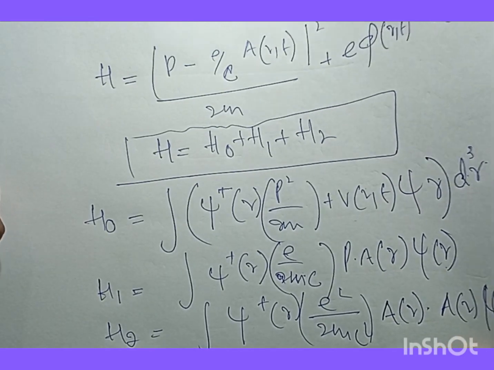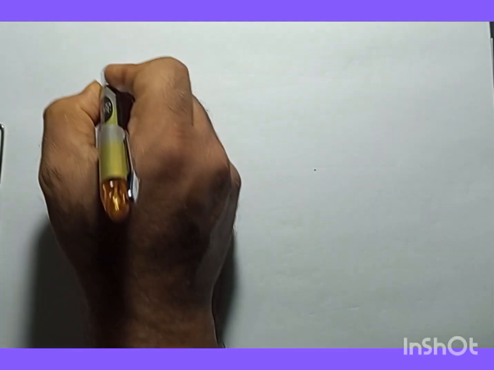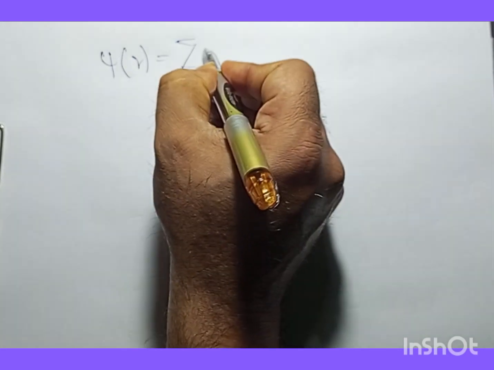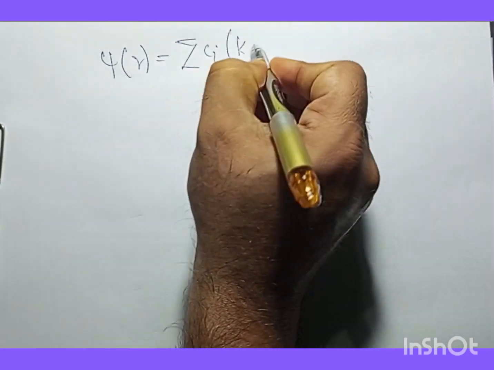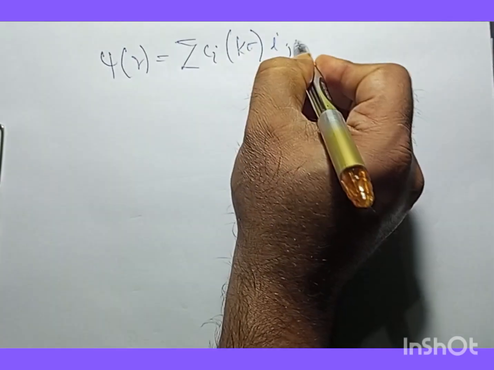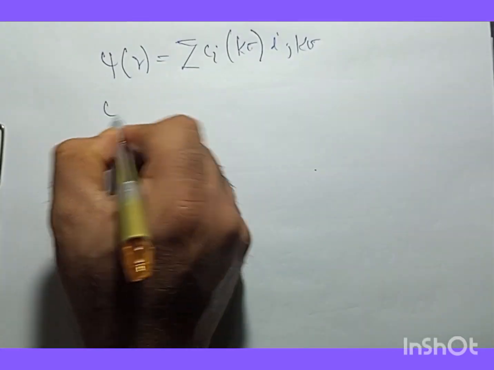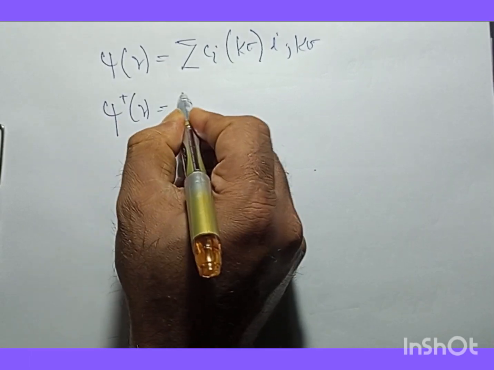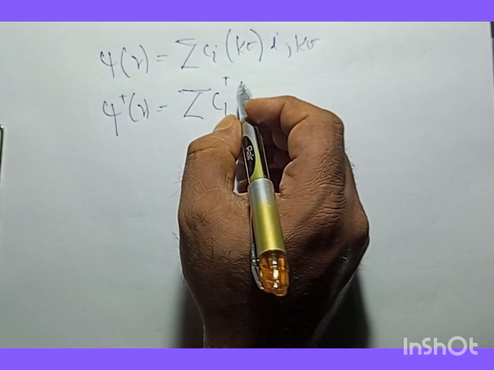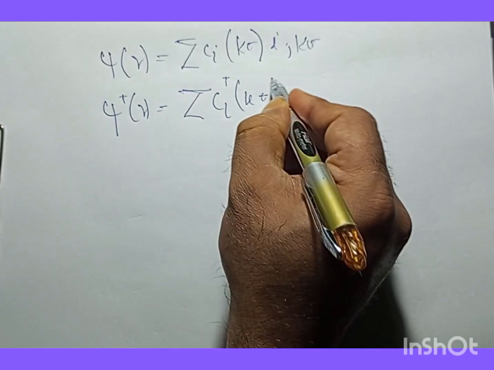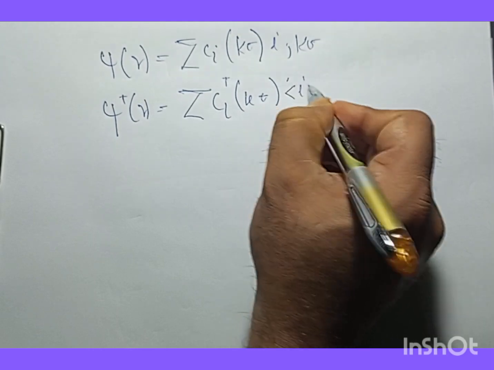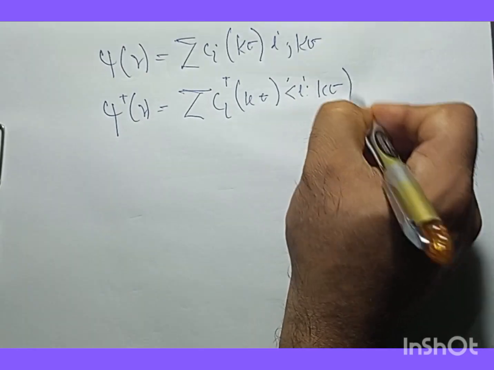We can write these operators as ψ(R) = Σ c_i(k,σ) e^{ik·R}, and ψ†(R) = Σ c_i†(k,σ) e^{-ik·R}.